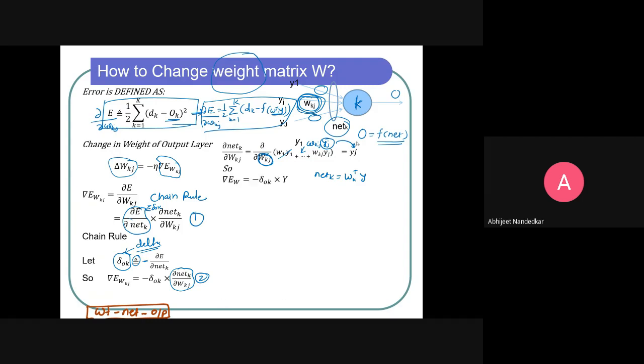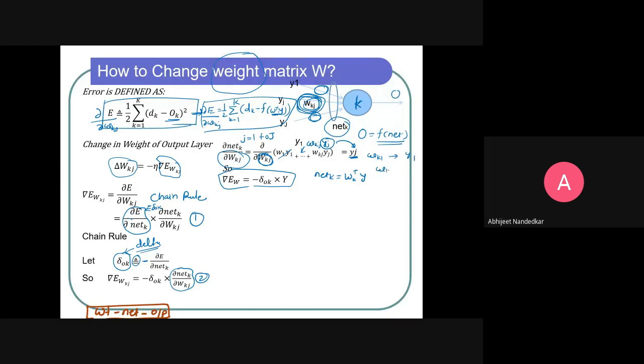Now if I do this for all W_kj, that is j equal to 1 to capital J, and collect all of them, then it will be the gradient signal. So that gradient is minus delta_ok into Y, because when I differentiate with respect to W_k1, I will get y1.